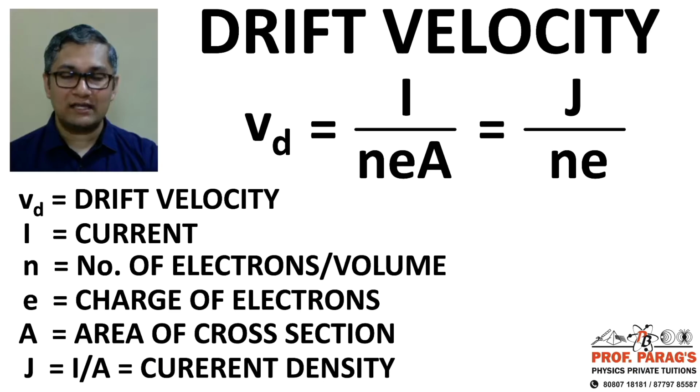So areal current density, current upon area. So this is the formula for drift velocity. We are not going to derive it, we will just note it down and take it for granted right now. Vd is I upon nEA or J upon nE. Again, please keep in mind, n is not the number of electrons, it is the number of electrons per unit volume.